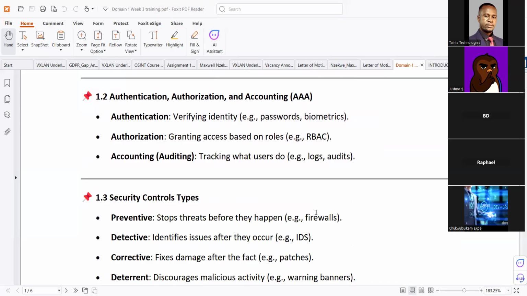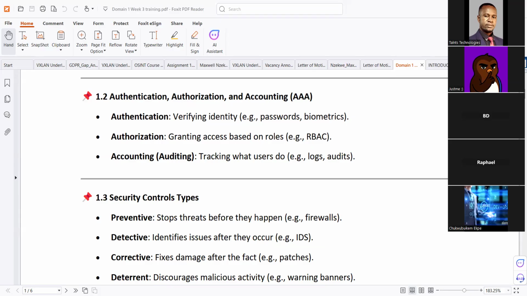Authentication, authorization, and accounting. We often see these three of them. What do they mean? AAA. Authentication, authorization, and accounting.